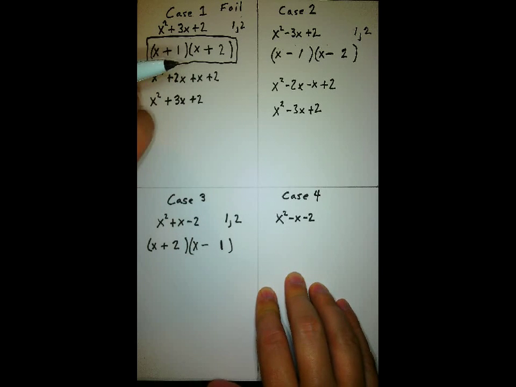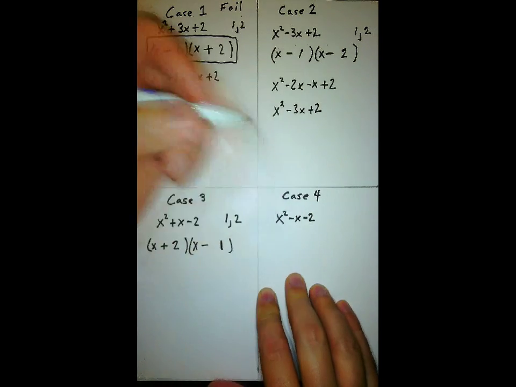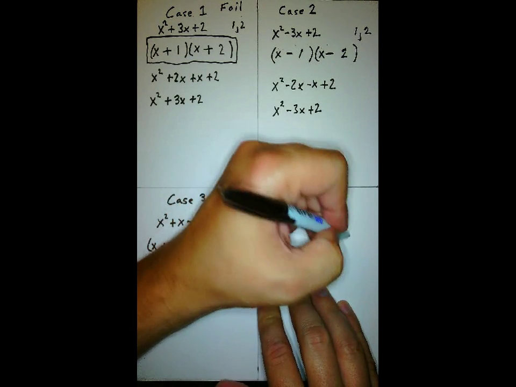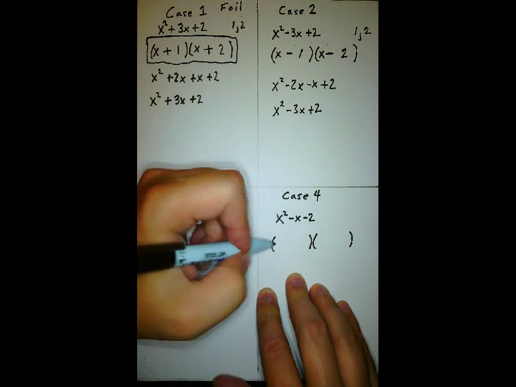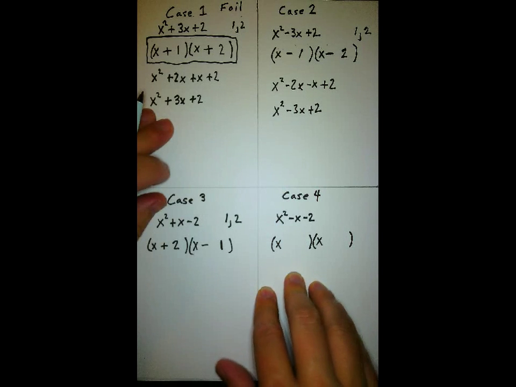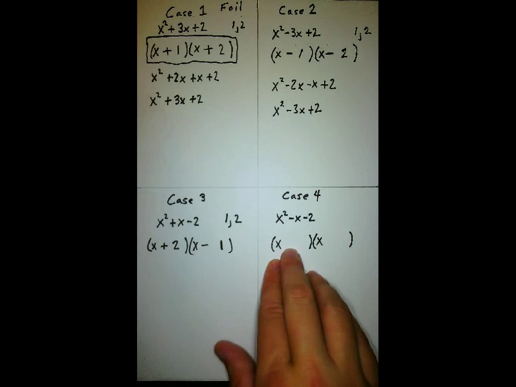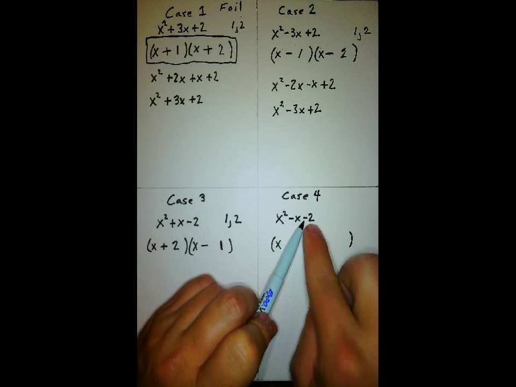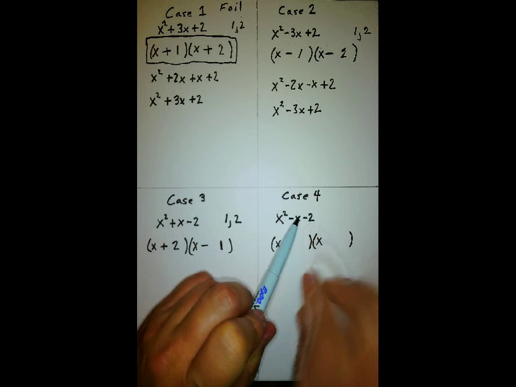Alright, and let's look at the last case. Same thing, let's start out. Let's put our parentheses. We know that we're going to need an x and an x. Alright, now, just like the previous case, our second sign is a negative.